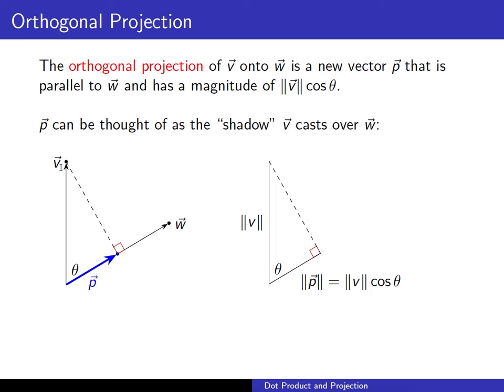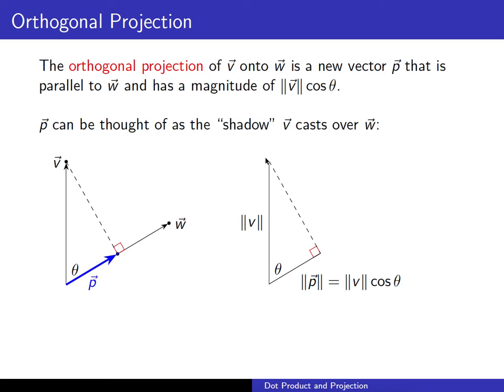Now if we take a look at this triangle and just break that out of the picture, we have the angle between them. This vector has a magnitude, so the magnitude of vector v. To calculate the magnitude of vector p, the cosine of this angle is adjacent over hypotenuse, or in this case, the cosine of theta is the magnitude of vector p divided by the magnitude of vector v.